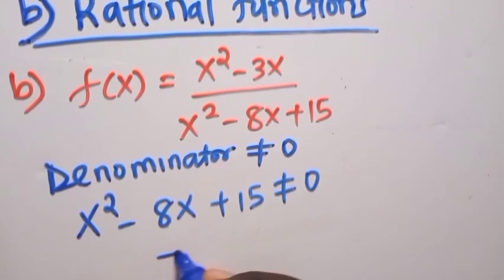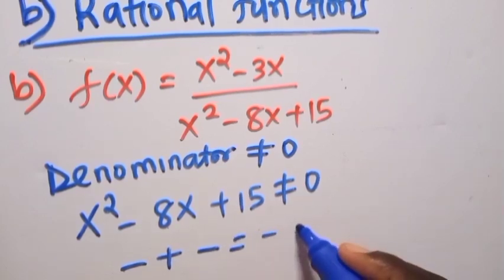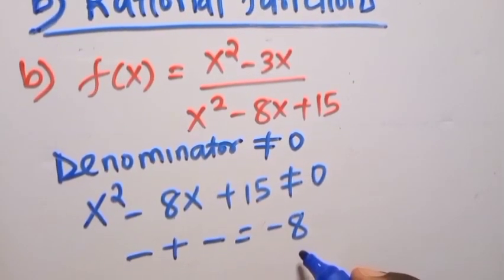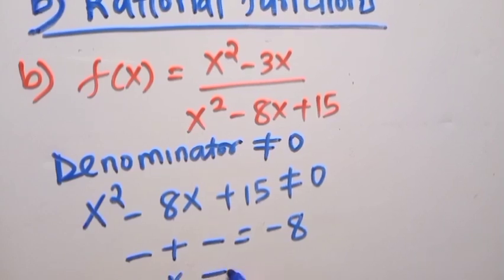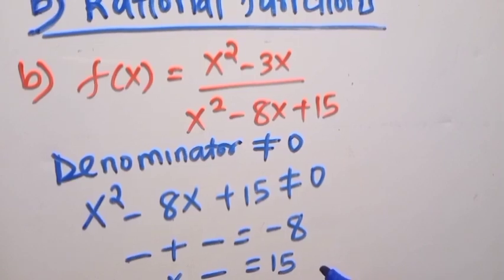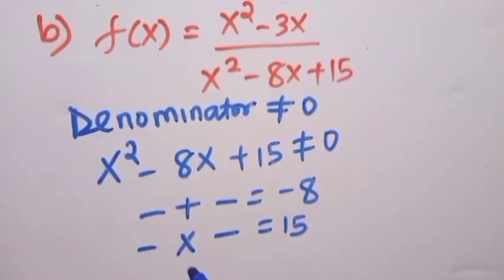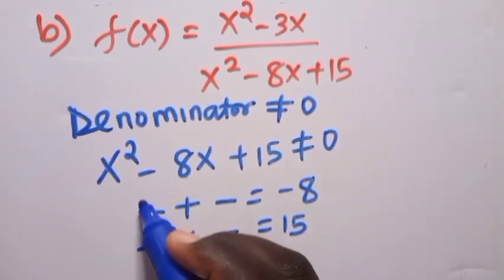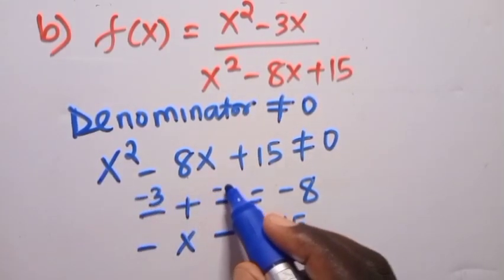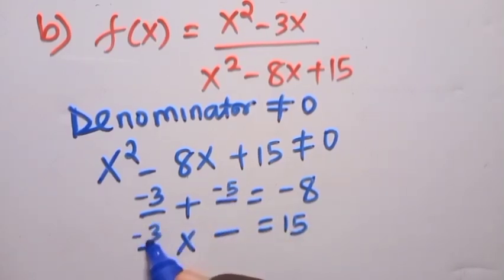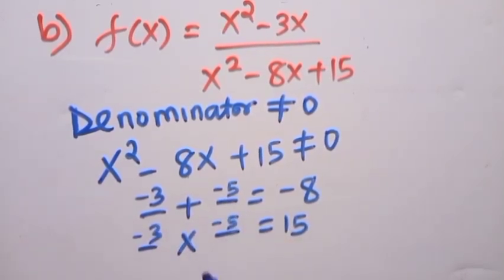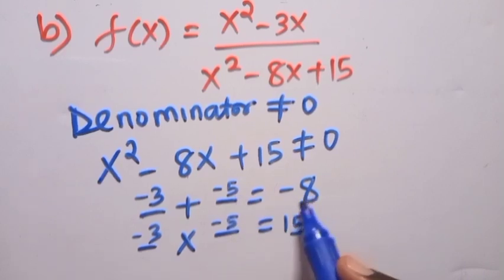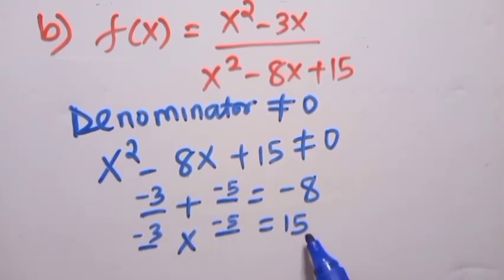We need two numbers that, when we add them, we get -8, and when we multiply them, we get 15. The two numbers can be -3 and -5, because when we add the two, we get -8, and when we multiply the two, we get 15.